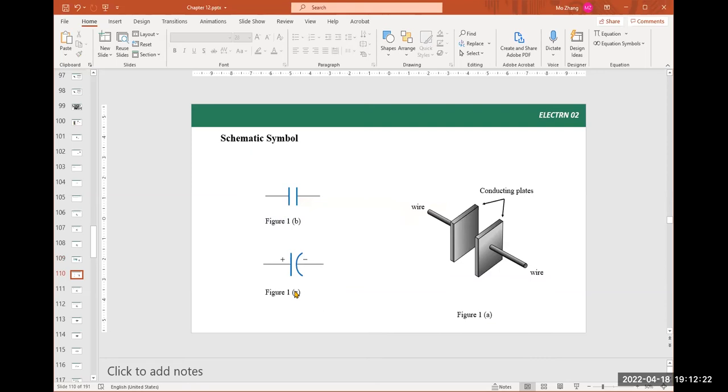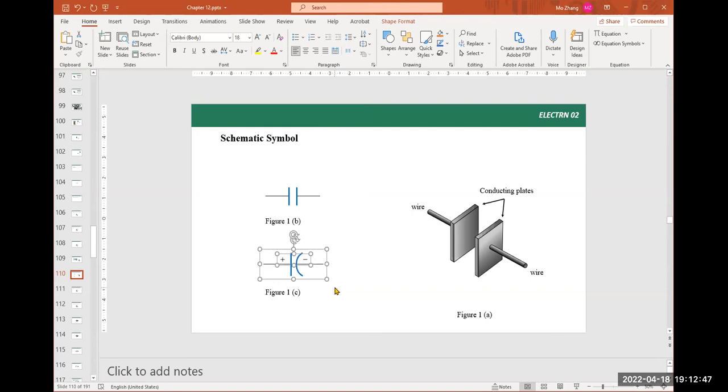Here, the two vertical lines are the schematic symbol for a capacitor. And this vertical line with a curve is also a common symbol for a capacitor. The difference is that this one specifies that the capacitor in use has polarity, so polarity is crucial.